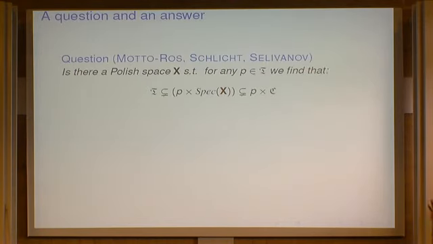And the harder question now becomes whether we can find some Polish space which has a point degree spectrum which is somewhere in between the Turing degrees and the continuous degrees, and that has to be true relative to each fixed oracle.